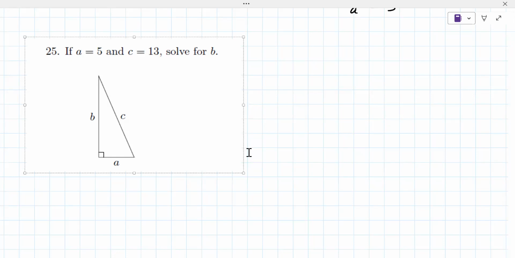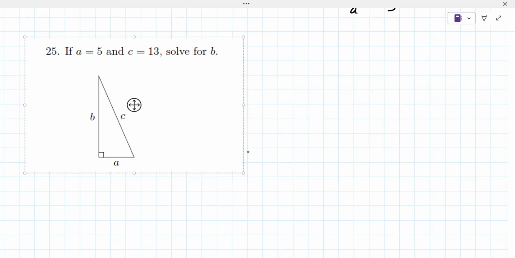13 times 13 is 169. So you would subtract 25 from 169.